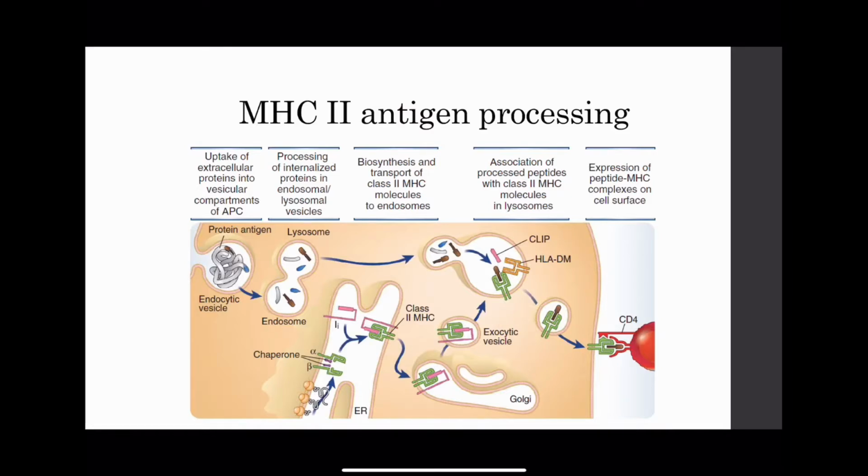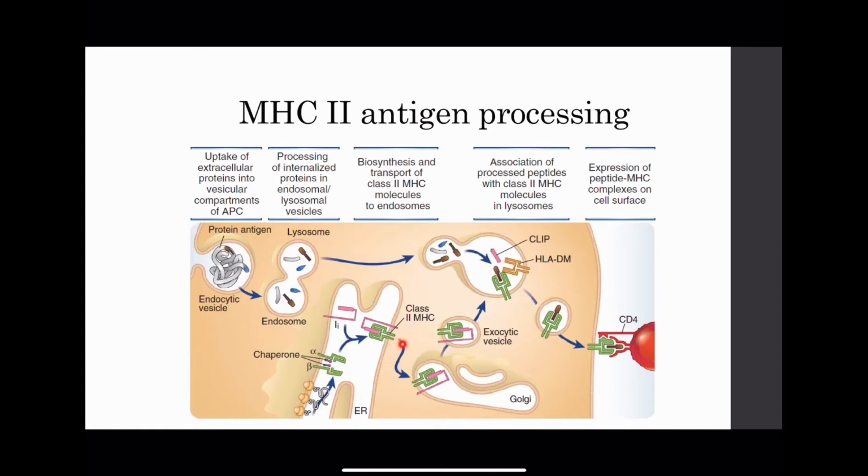Someone may ask, why don't MHC class 2 molecules present in the endoplasmic reticulum bind with the antigens while inside the ER, while the class 1 do just that? Well, if you look at the figure here, you can see that the antigen binding cleft of the MHC2 molecule will be occupied by a trimer called the invariant chain, which will make it impossible for the antigen to bind with the MHC inside the ER.